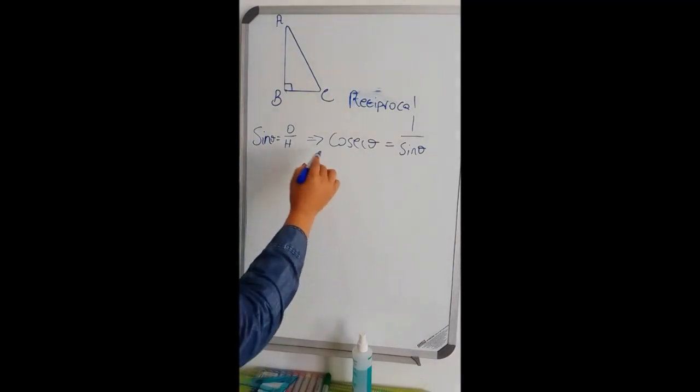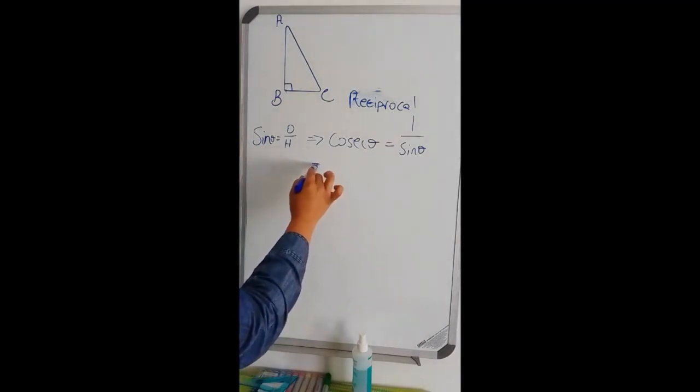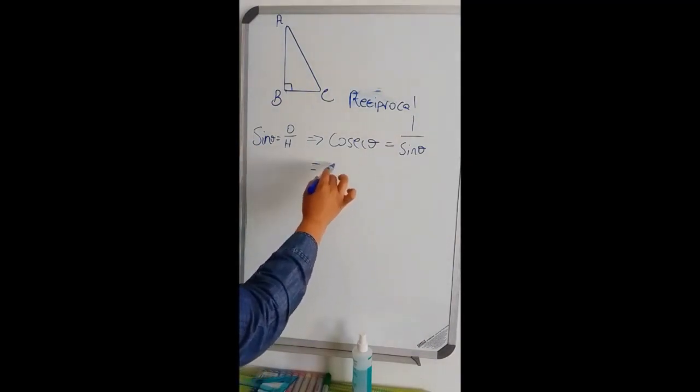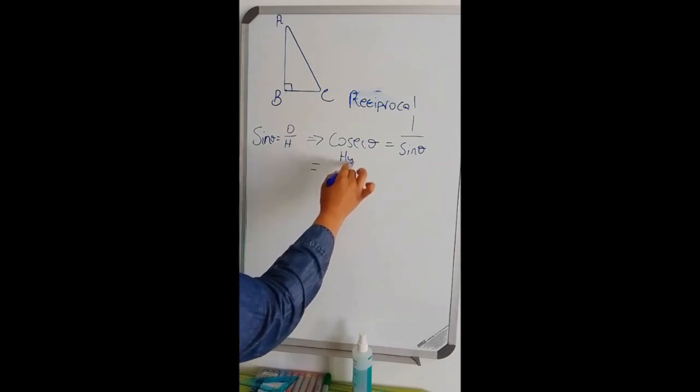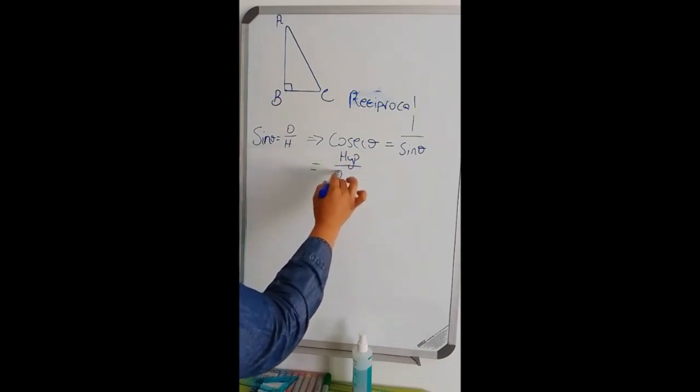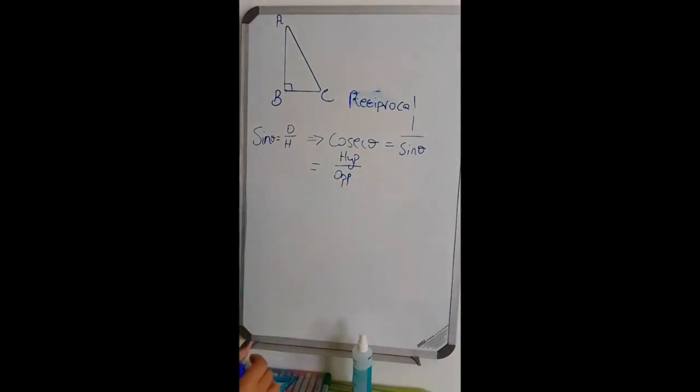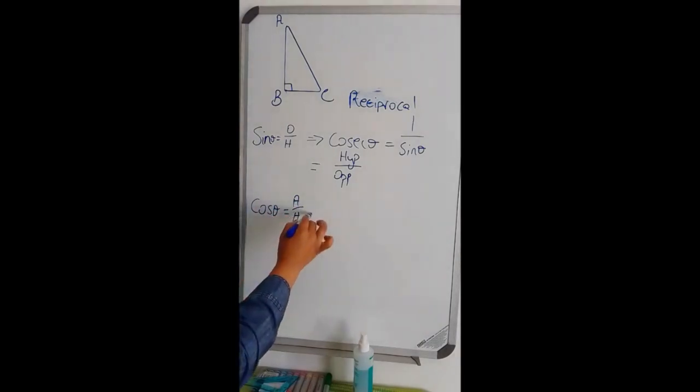What that means is cosec theta then becomes the hypotenuse side over the opposite side. Okay, so if your sine was 2 over 5, that means the cosec would be 5 over 2. All right, how about cos?